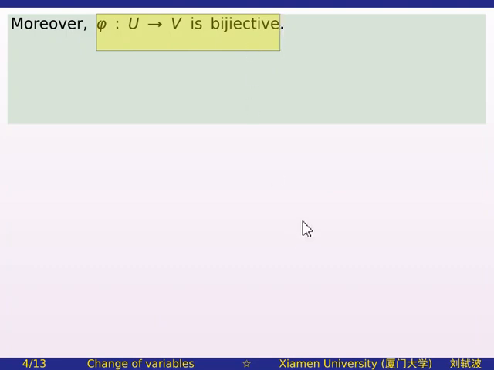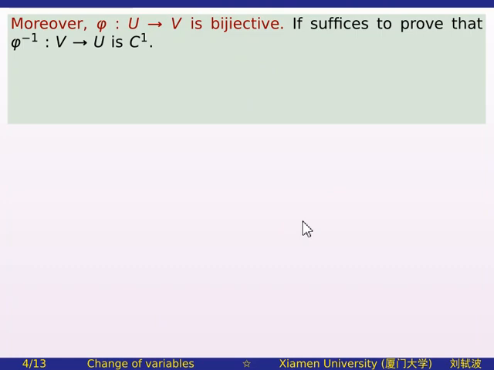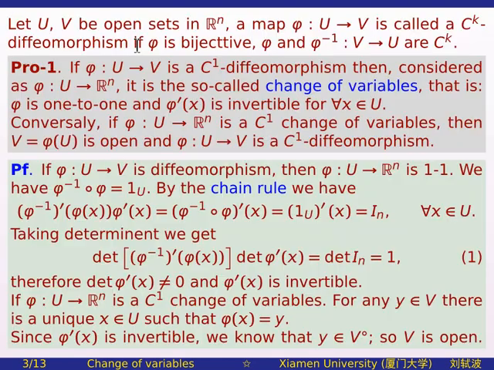Therefore, it has an inverse map. For the inverse map phi inverse, we only need to prove that it is also C1. By the definition of diffeomorphism, a map is a diffeomorphism if it is bijective, and phi and its inverse are C1.